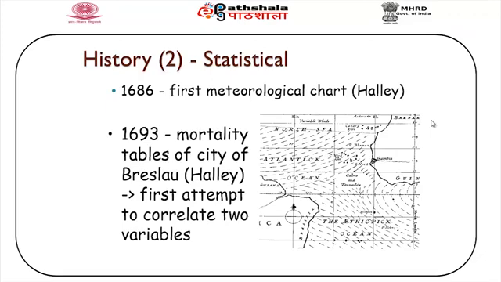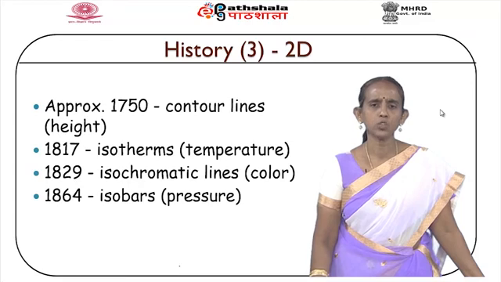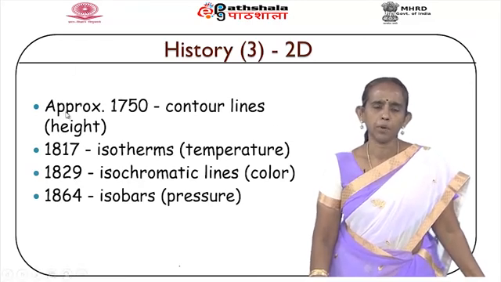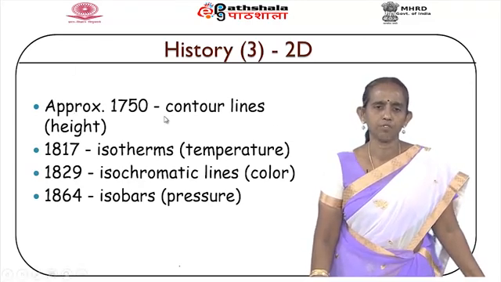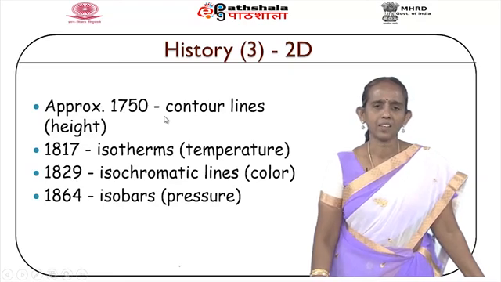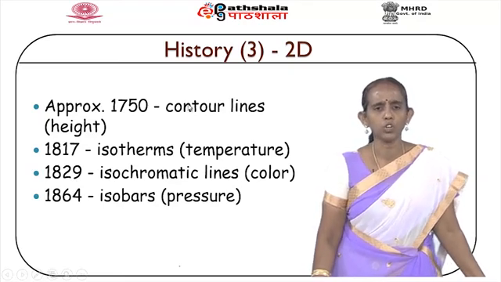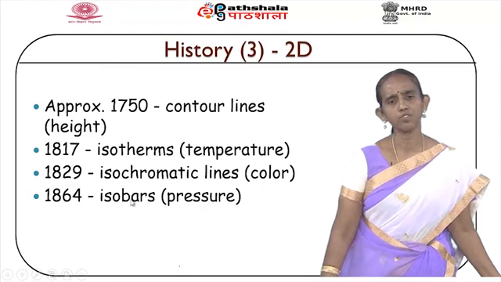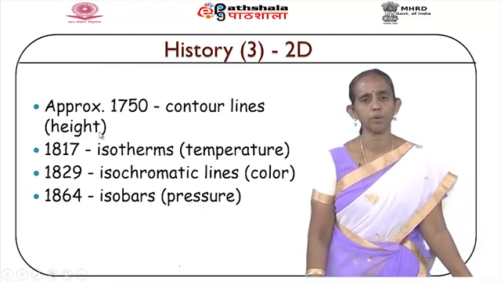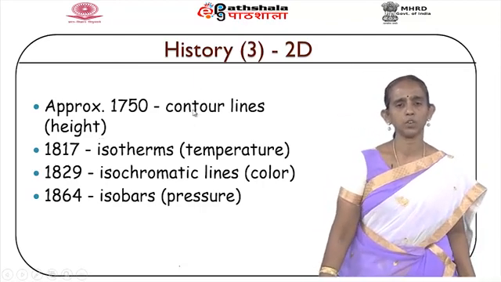Then later, in the year 1693, the mortality tables of the city of Breslau were a first attempt to correlate 2 different variables, and this was also introduced by Halley. As an extension to this, approximately in the year 1750, the data set is represented in the form of contour lines, where heights of regions are represented using contour lines.